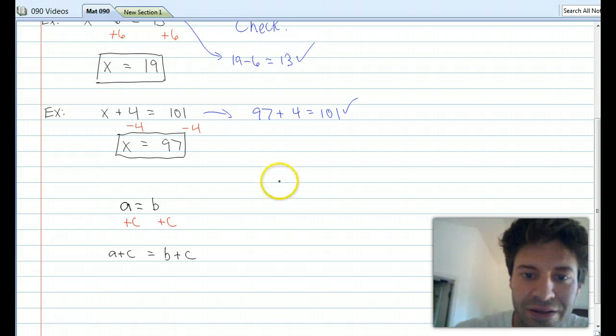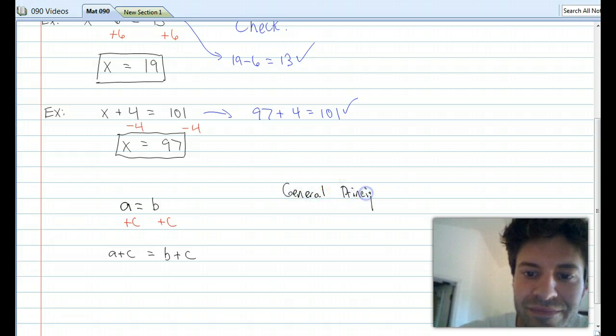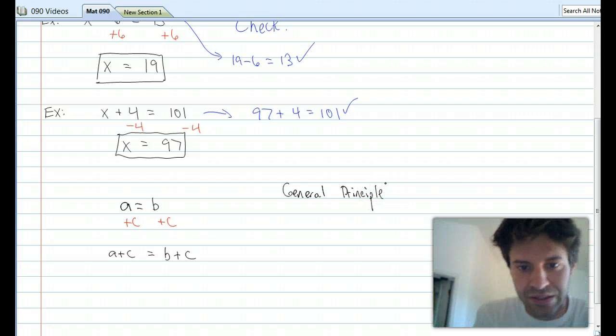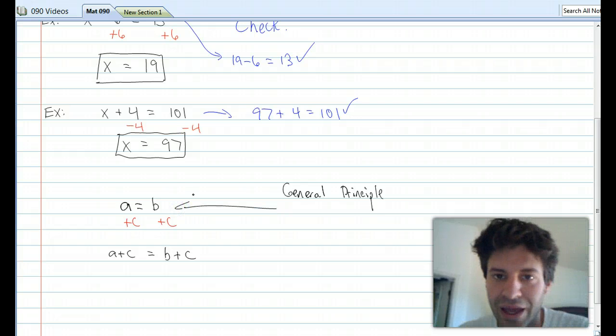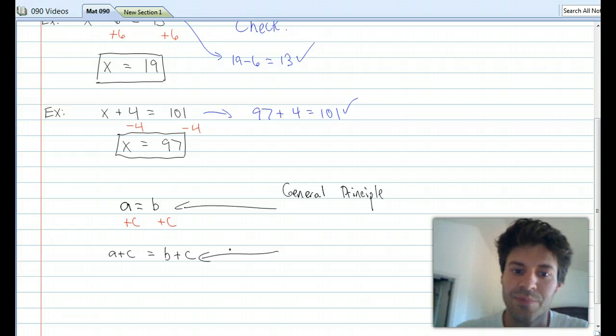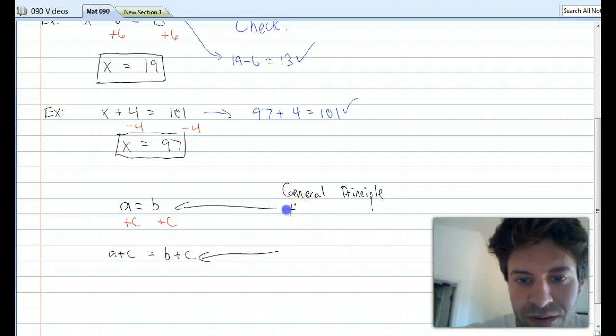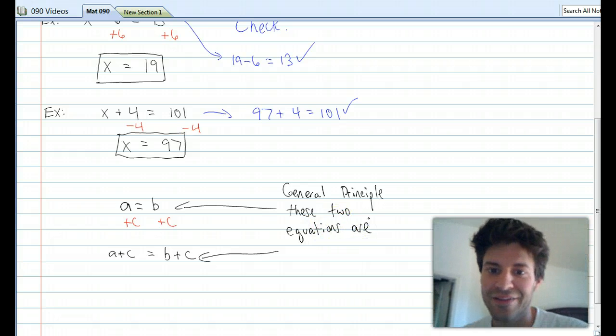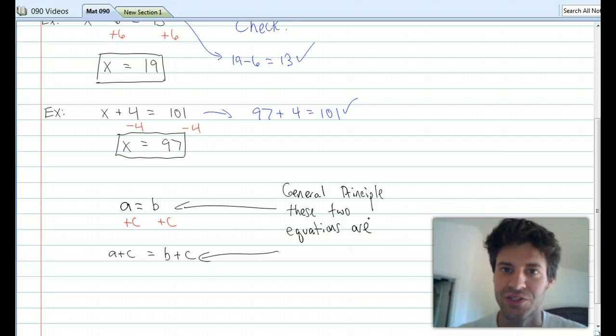Now here is the general principle. The general principle is that this equation, A equals B, is the exact same thing as that equation, A plus C equals B plus C. These two equations are the same, and when we say the same in math, the fancy word that we use is equivalent.